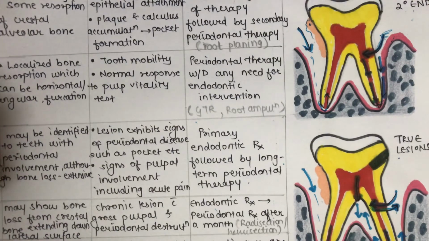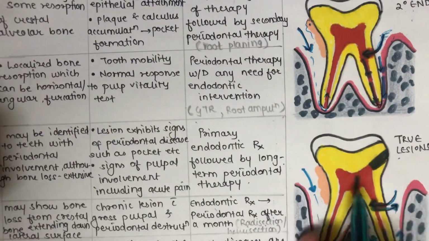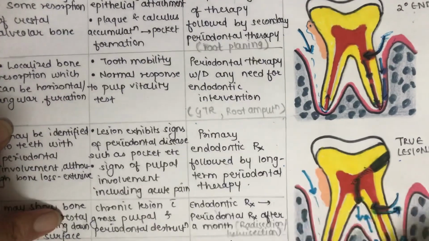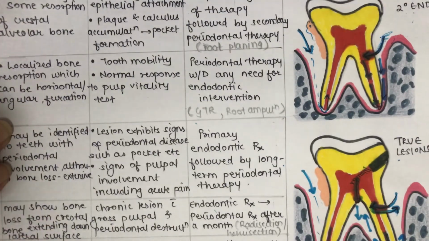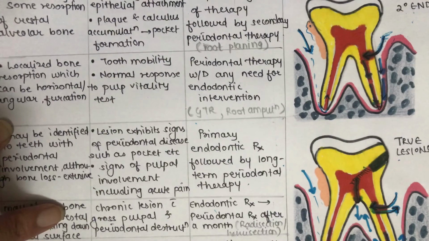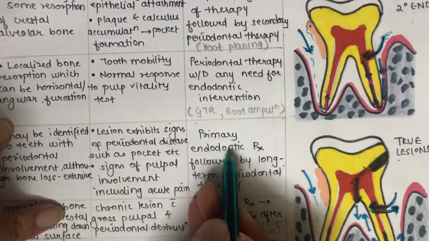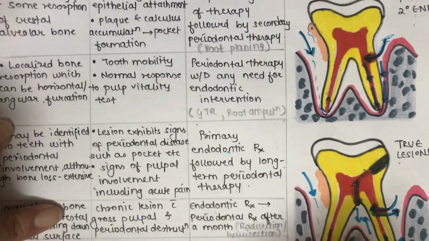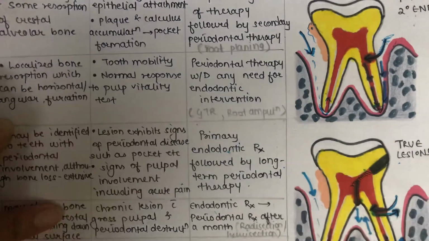Therefore, prompt management of the pulpal lesion is a primary concern. When there is pulpal involvement, like caries, the progression is very fast, and the patient has acute pain. Because of that, you always have to go with the endodontic treatment first, and then the periodontal therapy, irrespective of what the cause is.